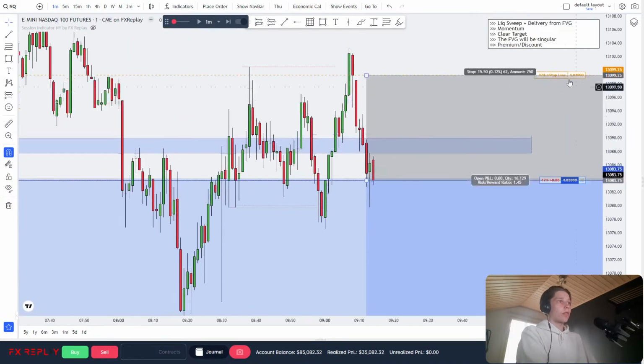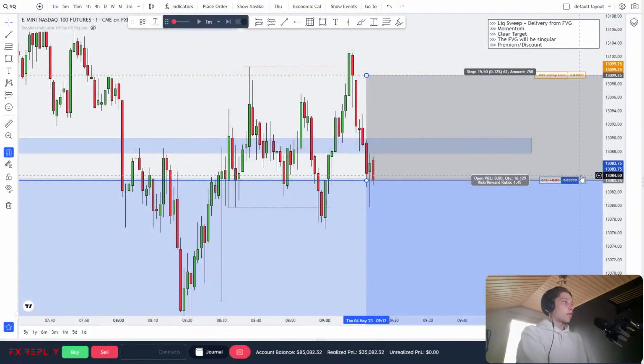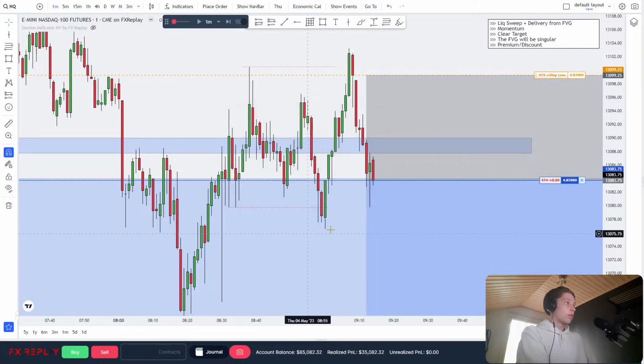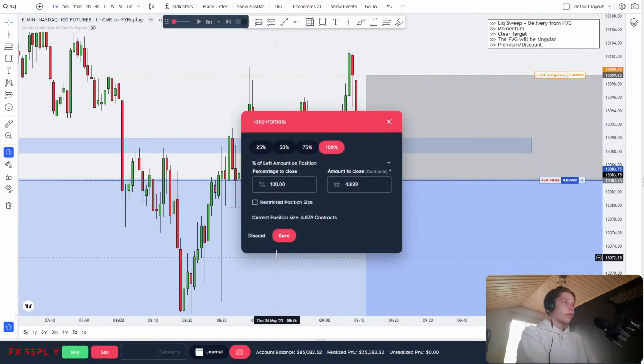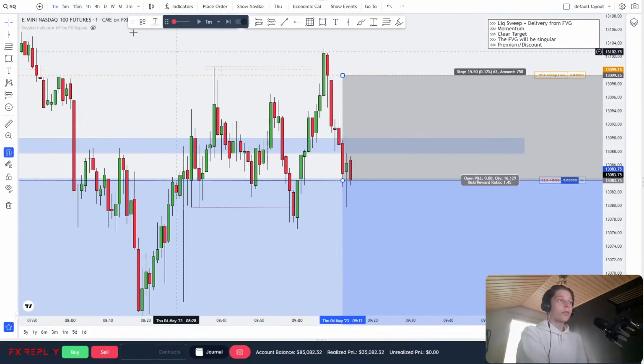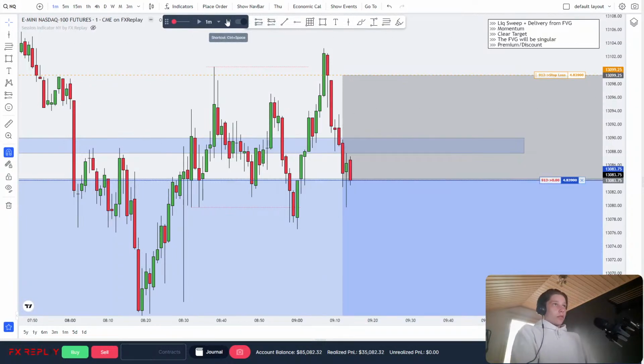We are around equilibrium right now, but I'm taking this. Okay, now I have 2 positions there. Okay, let's see. Give me only one. There we go. And we are going to monitor this in M1.